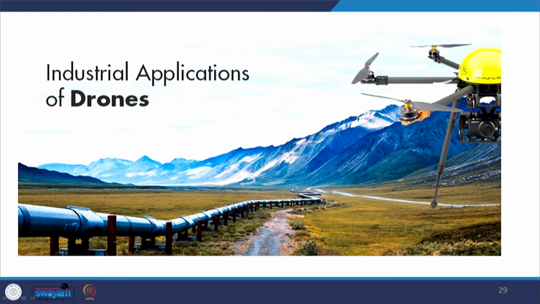So, the drone is working here and monitoring this pipeline, and in case of any defect, that can be identified from the data collected by the drone, and immediately some measures, some repair or maintenance work, could be taken up. So, it has been found to be very useful and time saving in applications where the area covered is very large along a line.